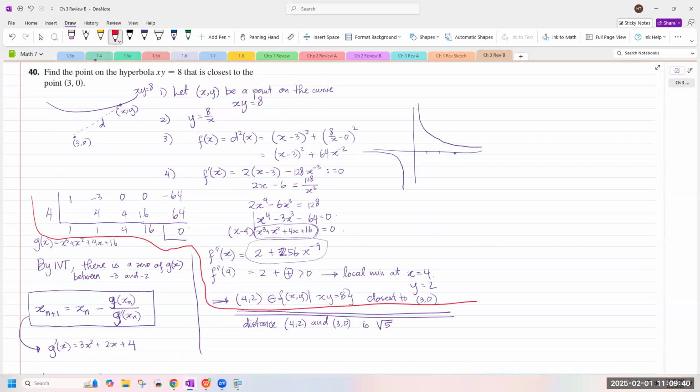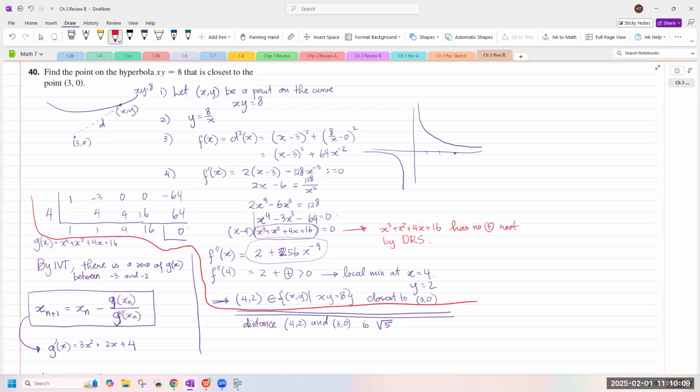Because we can then argue x cubed plus x squared plus 4x plus 16 has no positive root by Descartes' rule of signs. That's why we just talk about x equals 4.